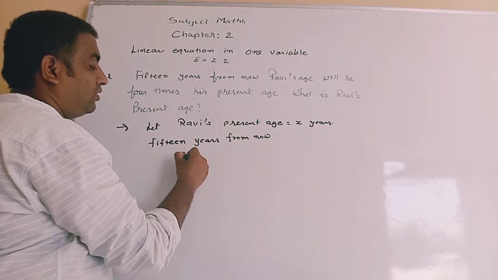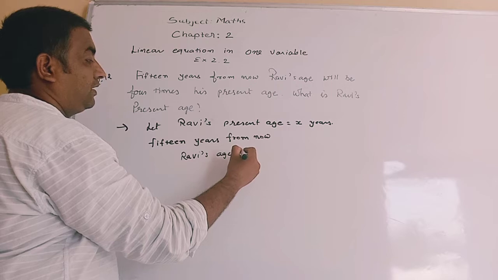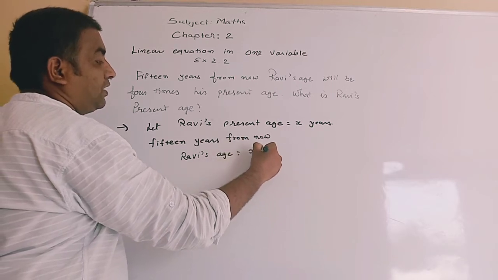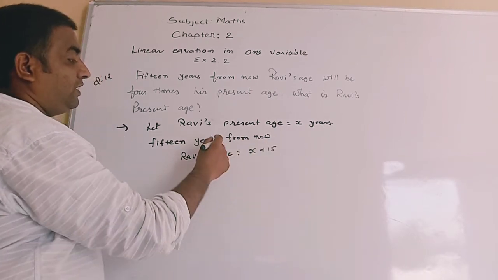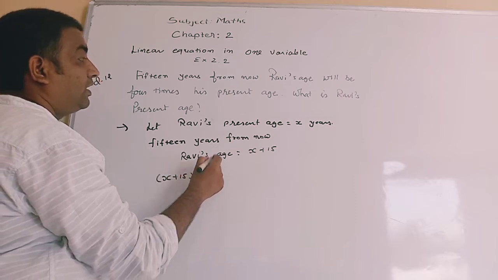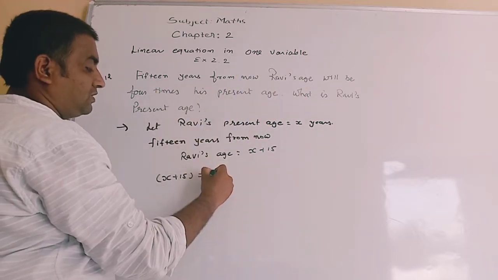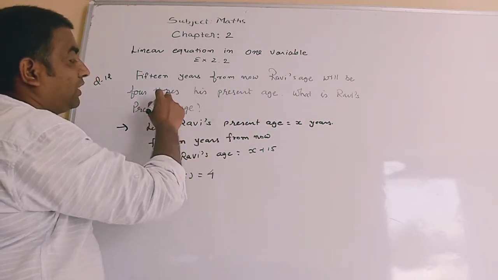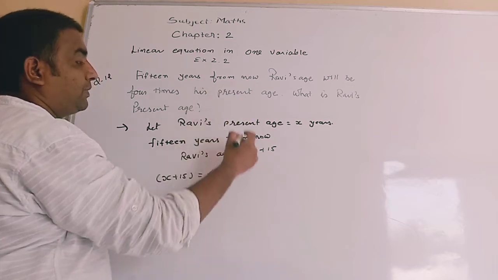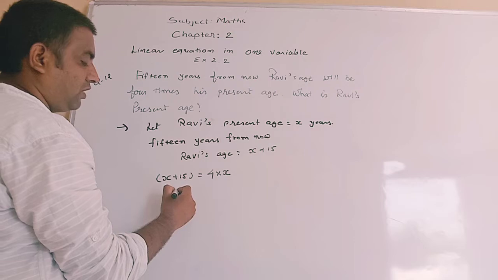So Ravi's age will be x plus 15. Now this age x plus 15 will be 4 times. Equals 4 times means multiply the present age, that is x. So x plus 15 equals 4x.